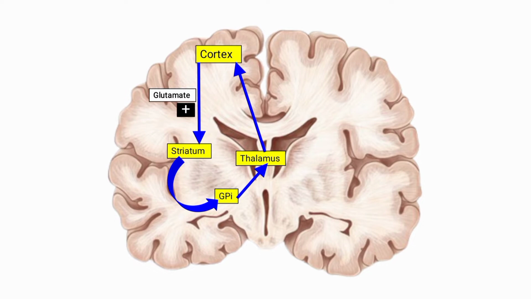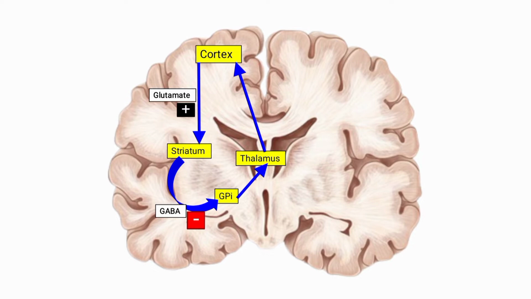Now the nucleus in the striatum will send its neurotransmitter to the globus pallidus internus. The neurotransmitter which is released here is actually GABA, gamma aminobutyric acid, which is an inhibitory neurotransmitter. So the axons from striatum are going to inhibit the nucleus in the globus pallidus internus.